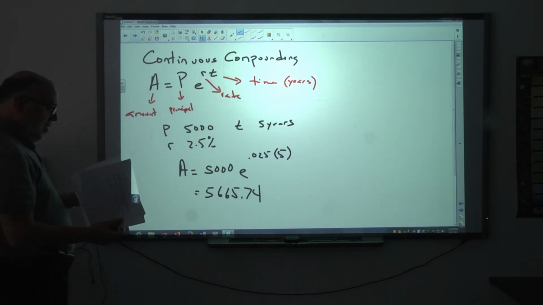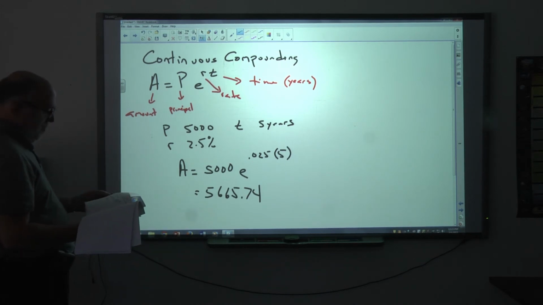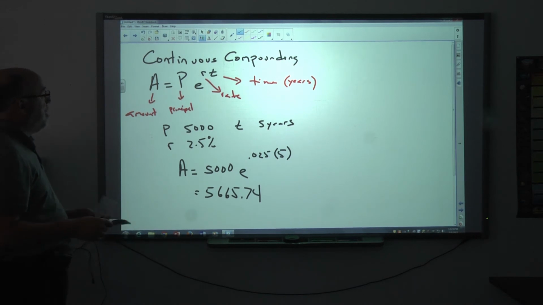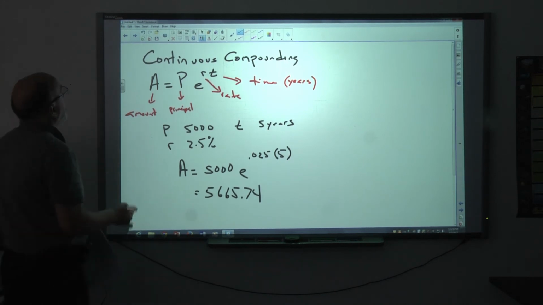And so you find out it's slightly different than what we had earlier. You can remember from our previous, when we did the other compounding, it was 5665.01. So you made a few more cents doing continuous compounding.